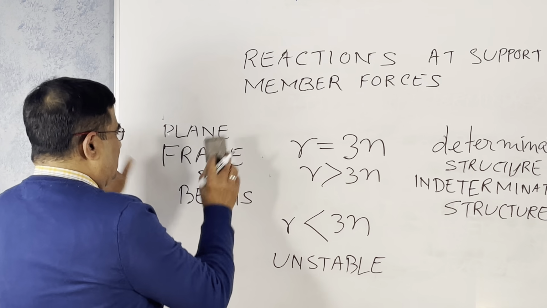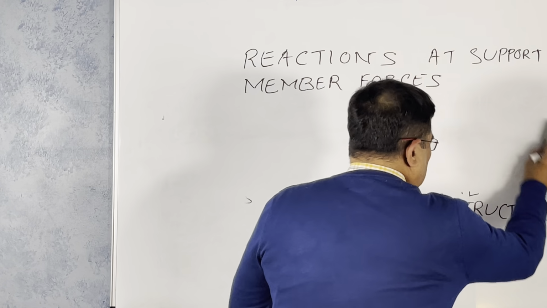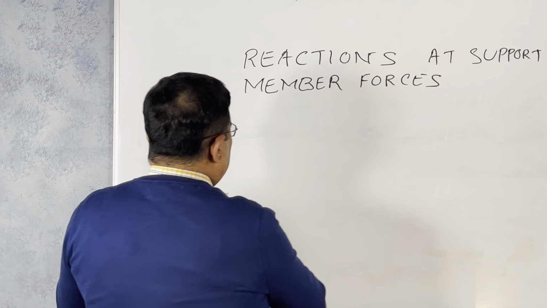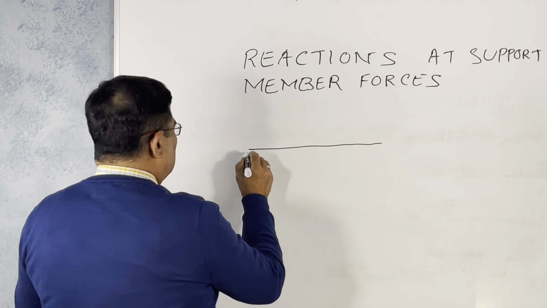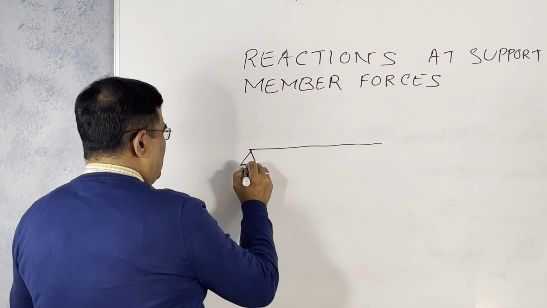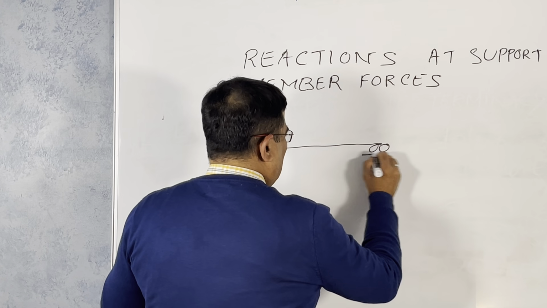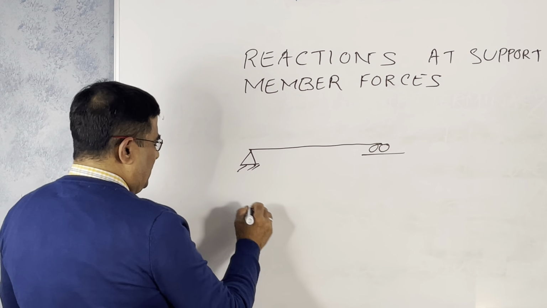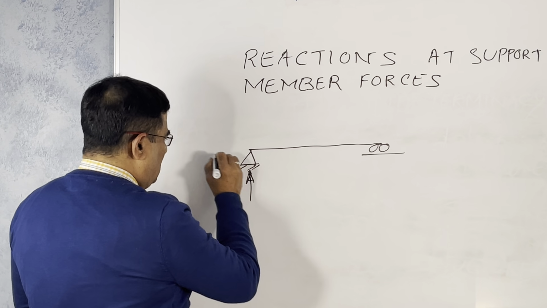Okay, let's see. Suppose we take the case again of the simply supported beam. We have a pin joint and a roller support, so we say that it should be a determinate structure, we know that, right?